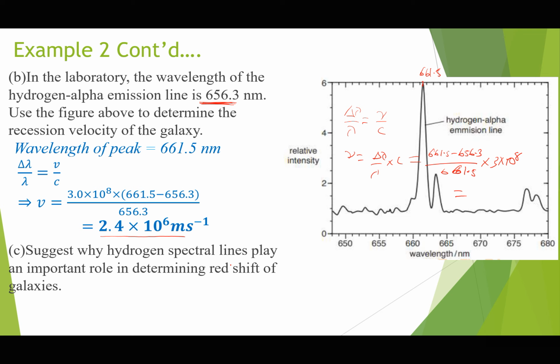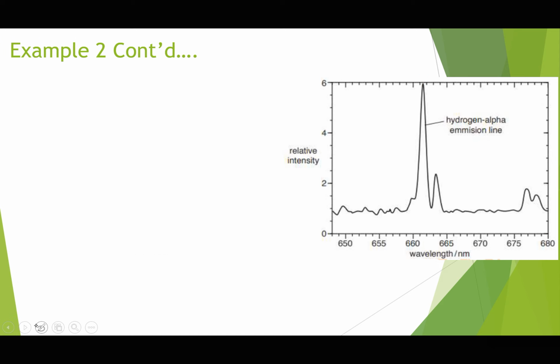So we know that hydrogen is in abundance in all stars which are found in all the galaxies. So the relative abundance of hydrogen in all stars is very high, and that is very important here.